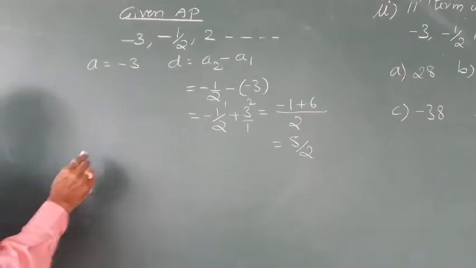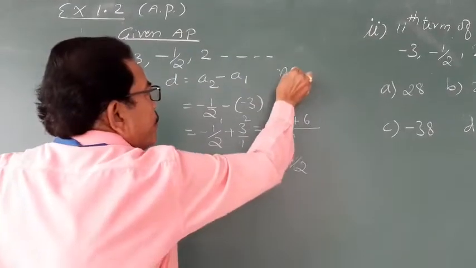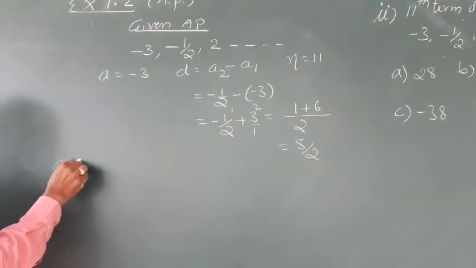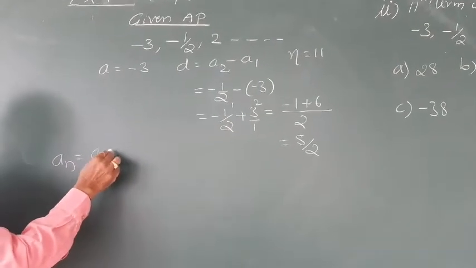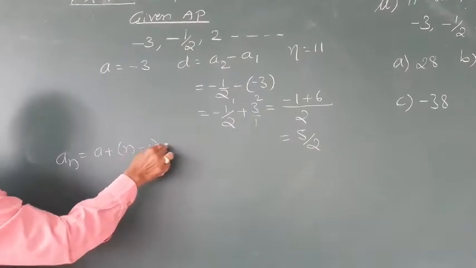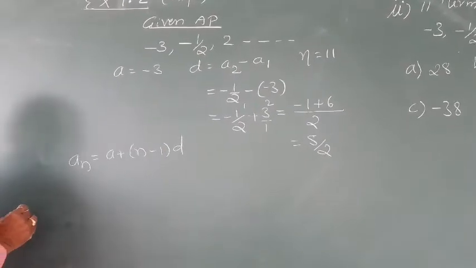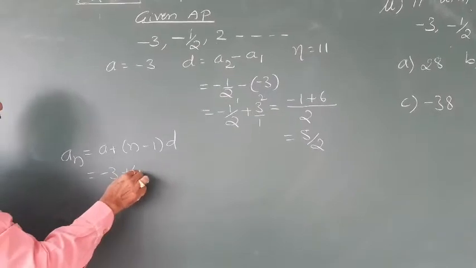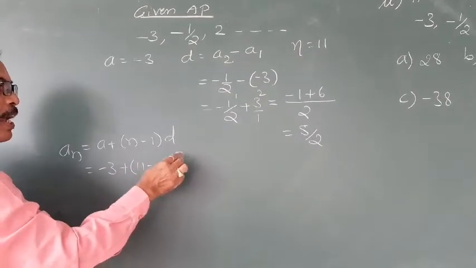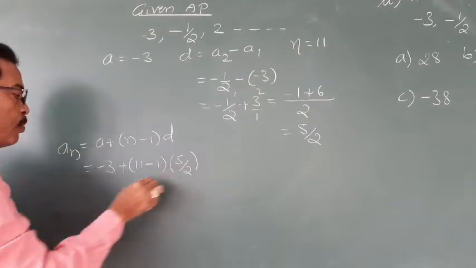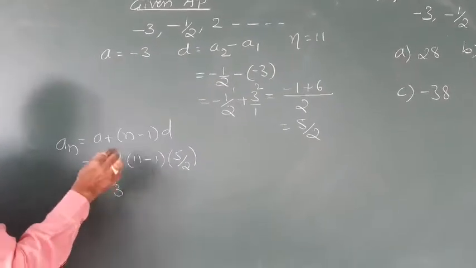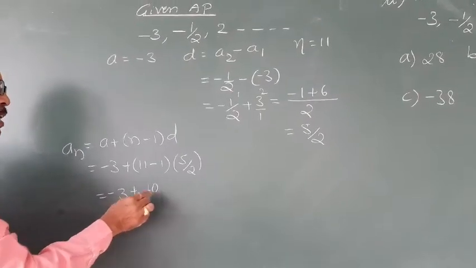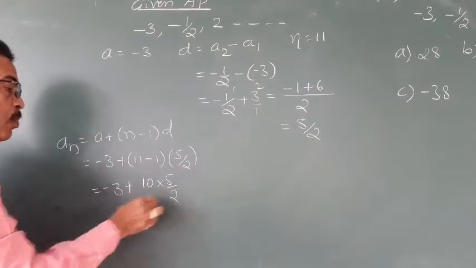Next, n is 11. So, we have to use an equals a plus n minus 1 into d. That is equals a minus 3 plus n 11 minus 1 d, how much? 5 by 2. Okay, minus 3 plus 11 minus 1, 10, into 5 by 2.